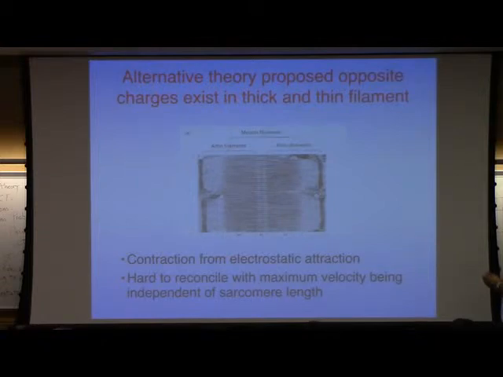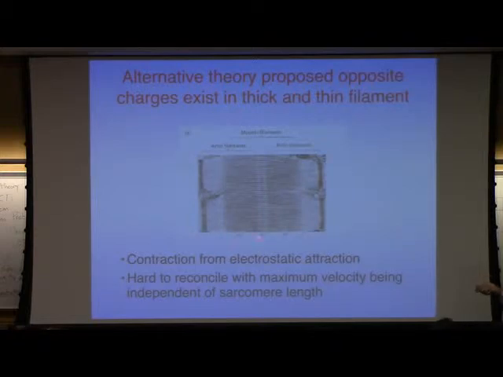There were also ideas about proteins sort of gluing up, the way that chitin sort of balls up and pulls together. There were even theories that maybe water invades this and fattens the muscle, and then it gets shorter. But the piece of evidence that was really hard to reconcile with was this maximum velocity being independent of sarcomere length.